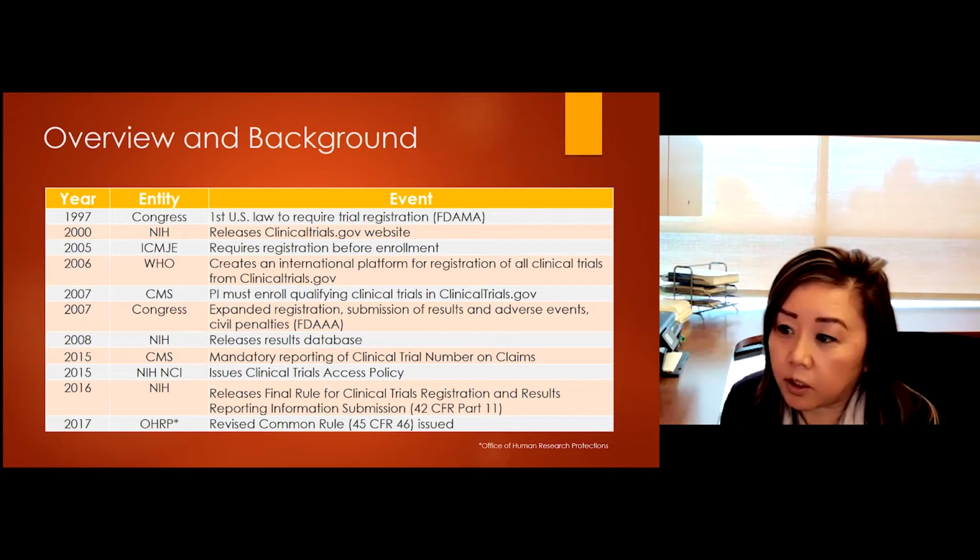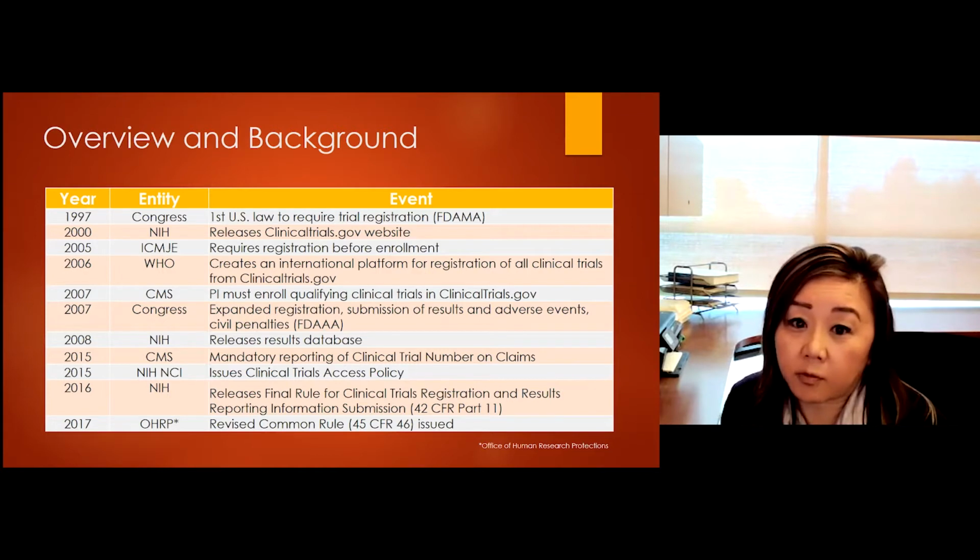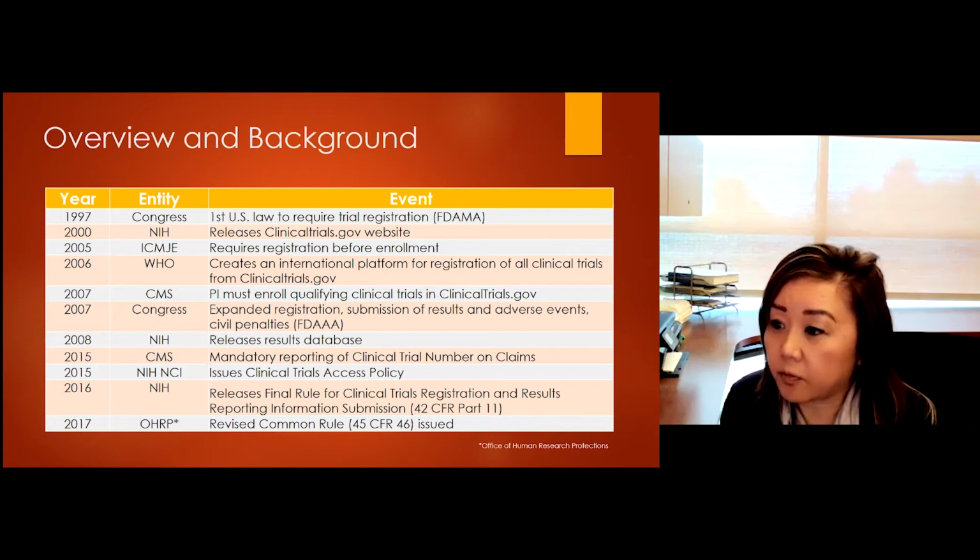And in that same year, Congress expanded the registration requirements. It's now termed FDAAA, and they put a lot more meat and detail in terms of the requirements and also penalties that would result from not meeting the registration and reporting study results.